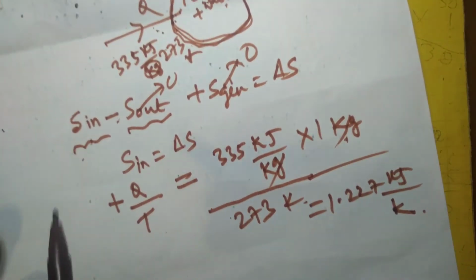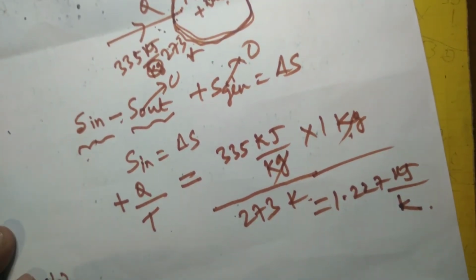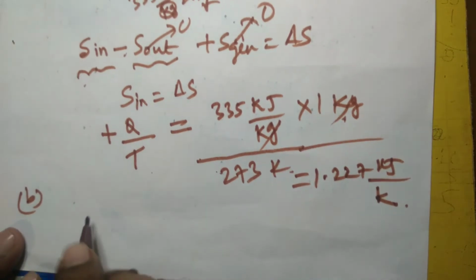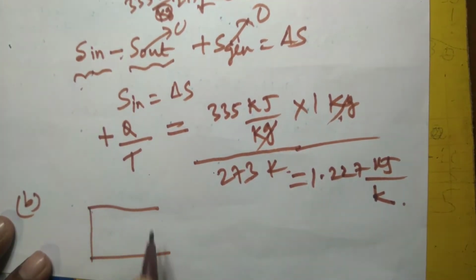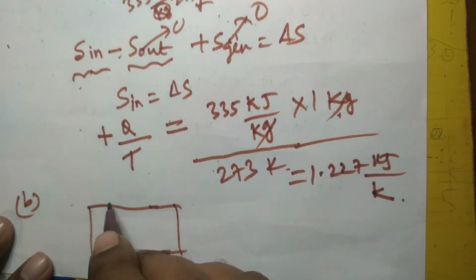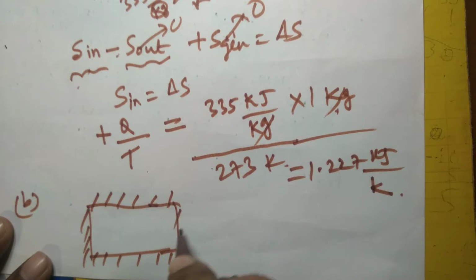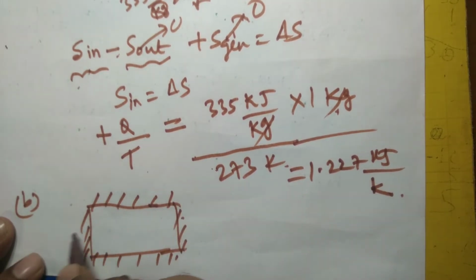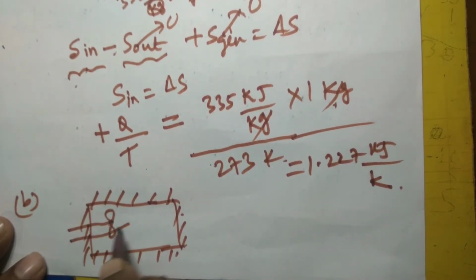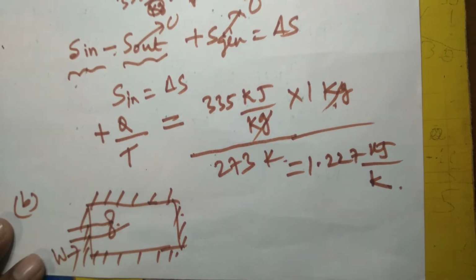But what about the second case? Here no heat is supplied, but some paddle wheel work is given into this system, or stirring is done. So W is given.